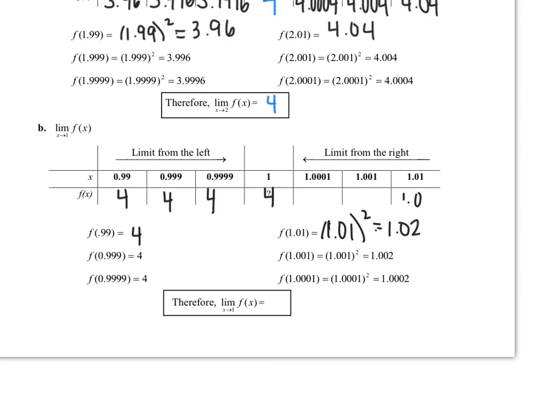So 1.02, 1.002, and 1.0002. So it looks like the limit from the right is going towards 1, and the limit from the left is going to 4. So even though the value of the function at 1 is 4, the two limits aren't equal, therefore the limit as x approaches 1 does not exist.